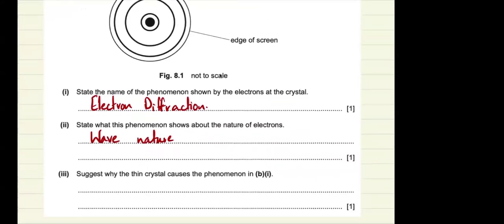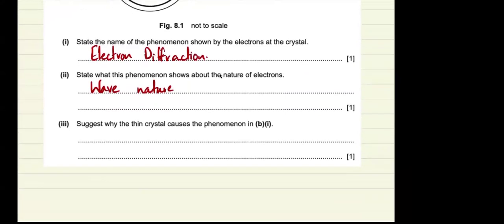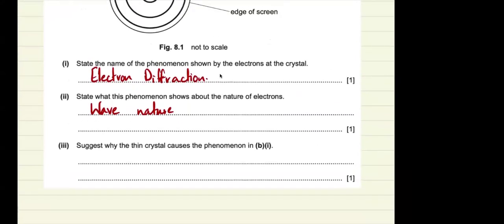Suggest why the thin crystal causes the phenomenon in 8.1. So why does it cause diffraction? So the idea is that the de Broglie wavelength associated. No, actually, it's related to this one. Why does diffraction even occur?